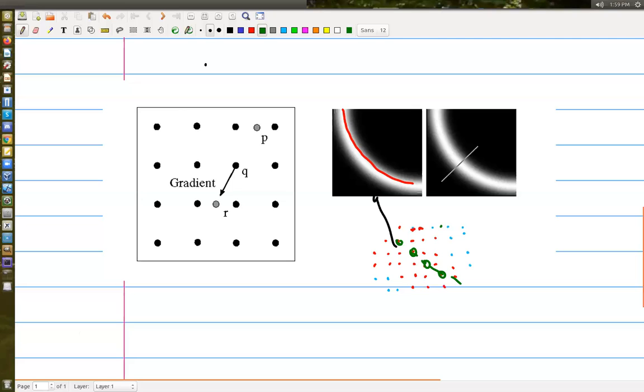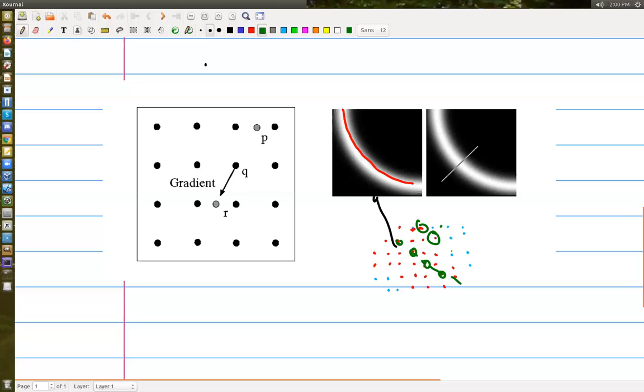And we need to do interpolation because I need to go along the direction of the gradient. The gradient doesn't necessarily have to be exactly diagonal or exactly horizontal and so on. Yes, you can think of it that way. So it's like eliminating this unwanted response.